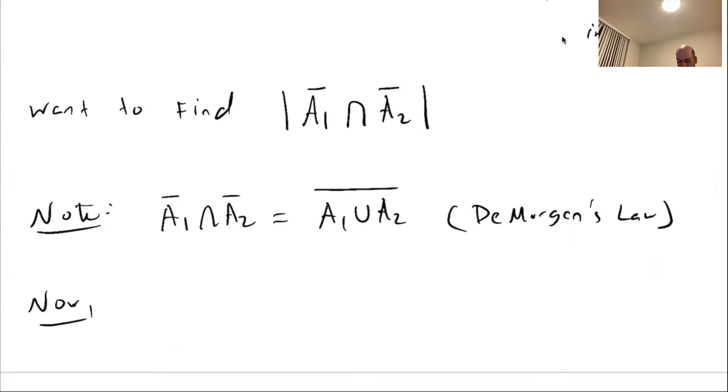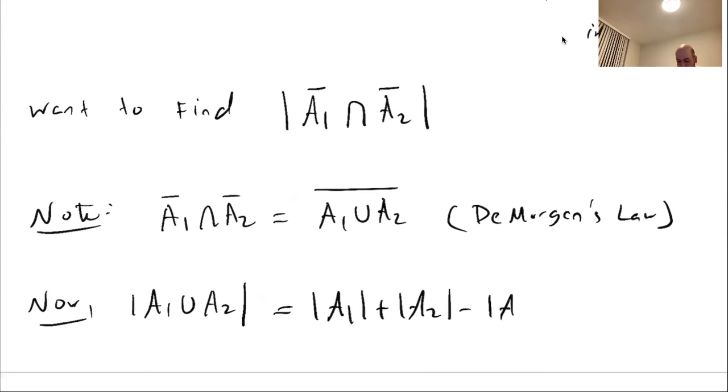Now, if I want to find the number of elements in A1 union A2, so how many elements do we have in A1 union A2? That's the number of elements in A1 plus the number of elements in A2 minus the number of elements in the intersection, which is by the principle of inclusion-exclusion.